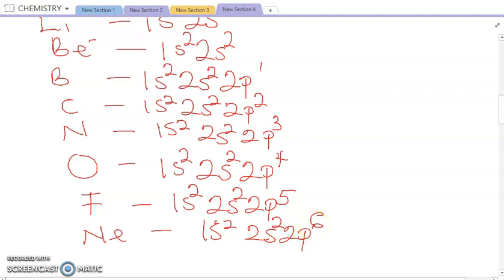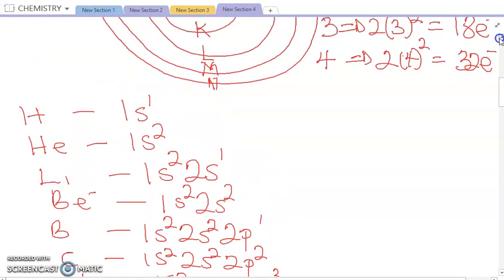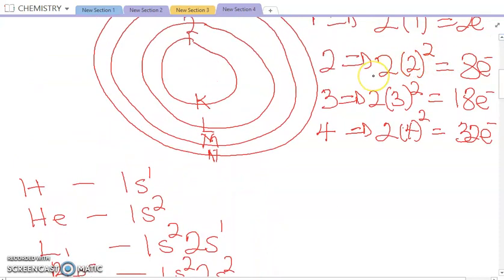Now, by the time we fill the sixth electron in p orbital, p is also filled. In the second shell, the number of electrons now is 2 plus 6, which is 8. And remember, we said the maximum number of electrons that shell 2 can hold is 8 electrons.